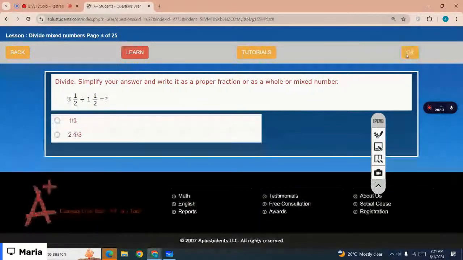Okay, the next one is 3 whole 1 by 2 divided by 1 whole 1 over 2. So which is the correct option?